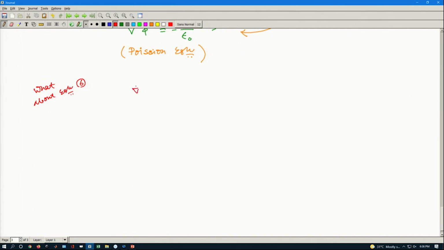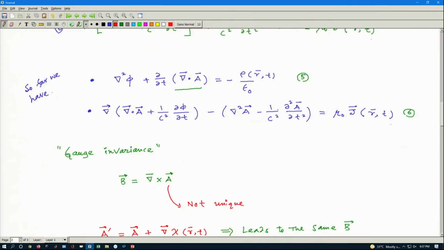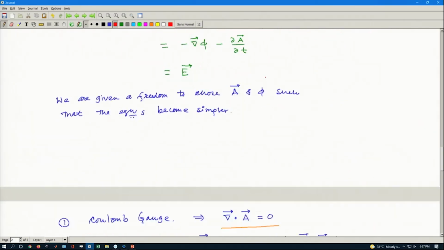The equation 6 was divergence of curl of A plus 1 by c square d phi dt minus of... what was that? Let me go up and check. Yeah, minus of A, and this is forming something like a wave equation.